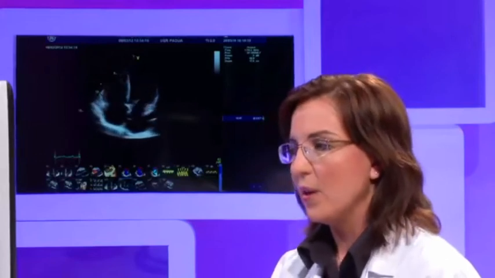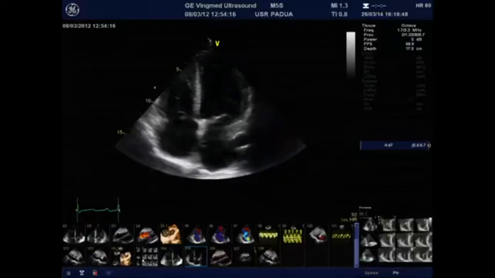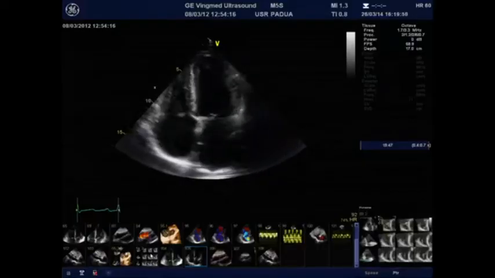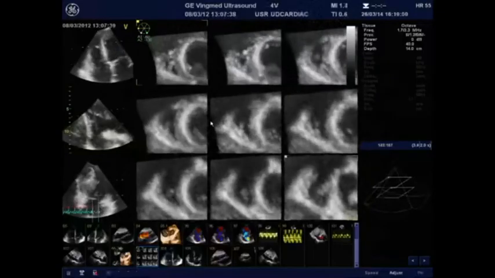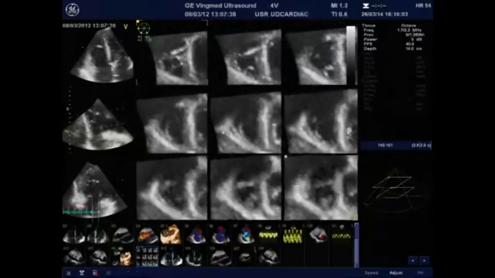For assessing the consequences on the chambers, the size and the function of the right ventricle, I would recommend using the same data set that I have used for reconstructing the tricuspid valve. And you can see it here, which provides you a nice overview of the right ventricular function.